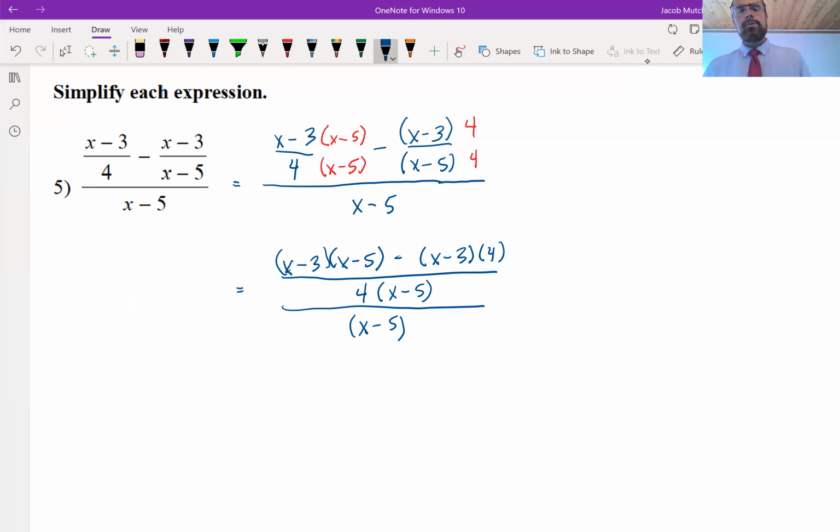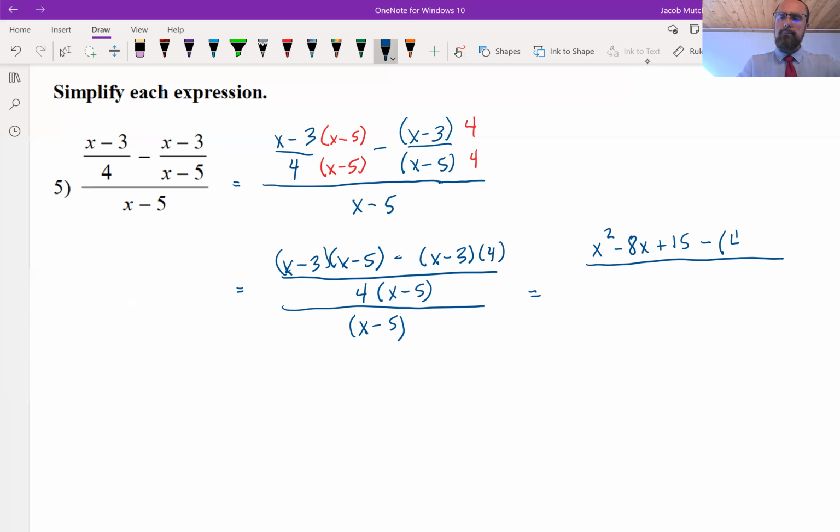Now I can simplify and combine like terms in my numerator. In the numerator of the numerator, I'm going to have x minus 3 times x minus 5. That's going to be the quadratic x squared minus 8x plus 15, all minus 4 times x minus 3.